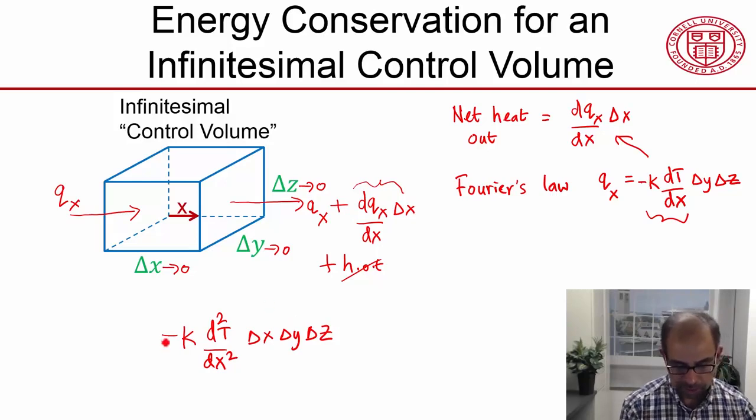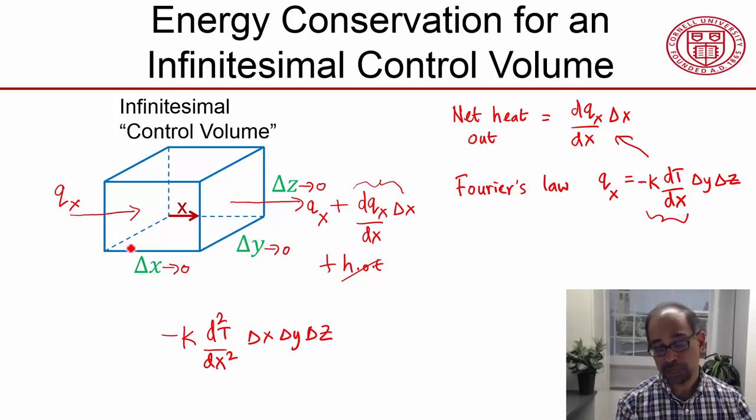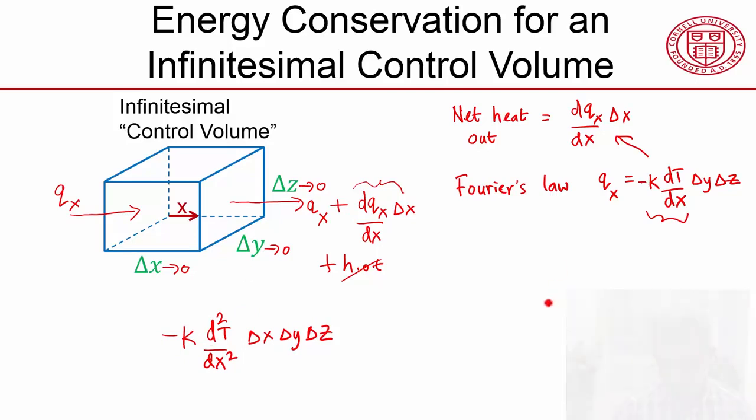This represents a net heat flow through the faces, and I'm going to be assuming 1D. So let me list assumptions here as I'm going along. I have assumed one-dimensional, or 1D, so there is no heat flow through these other faces.